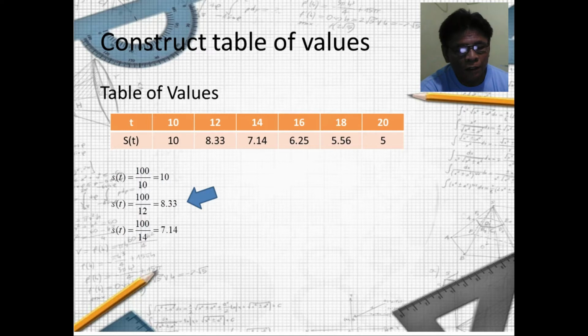Then for the second, S of t is 100 over 12, which equals 8.33. And the third, S of t is 100 over 14, and the answer is 7.14.